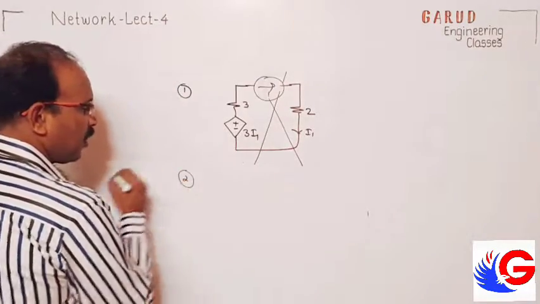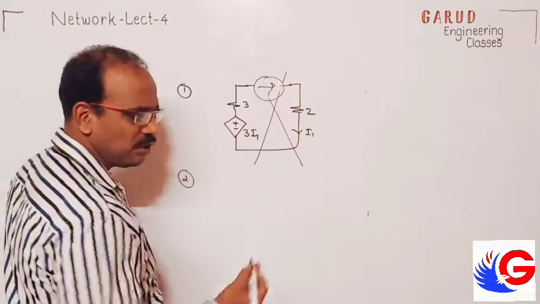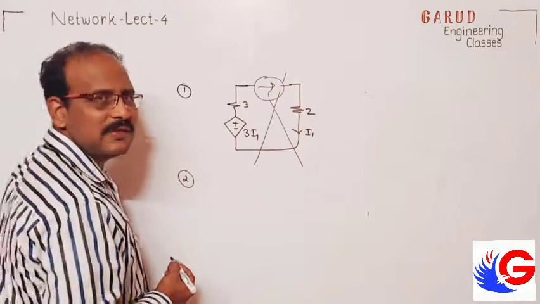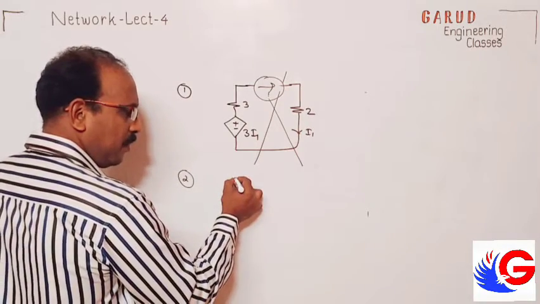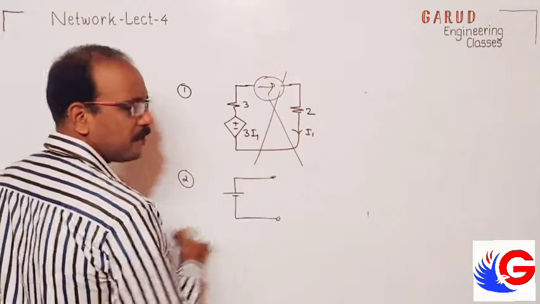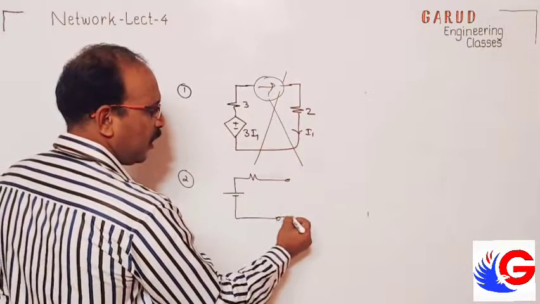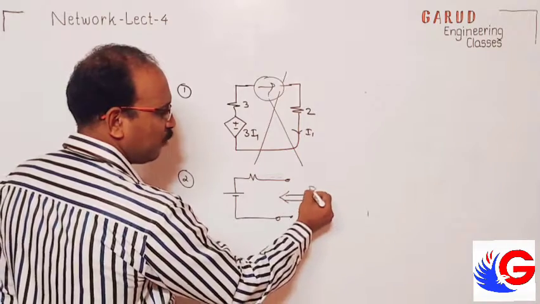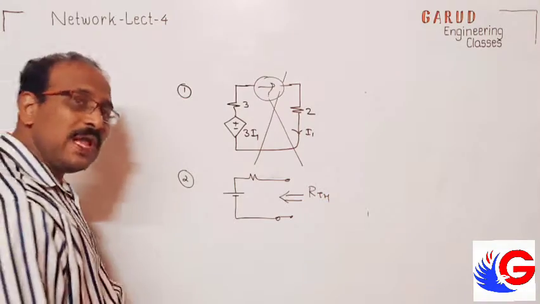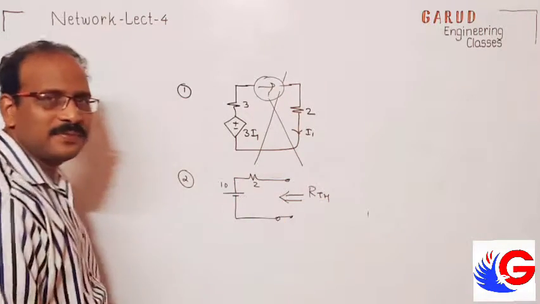Second rule about dependent sources. Now you know in superposition or in Thevenin's theorem and Norton's theorem, while getting RTH, the equivalent resistance, if there is a voltage source like this and you want to find resistance from this direction, what is RTH? Or in superposition, we have to kill the energy source. Suppose this is 10 volt, this is 2. What is RTH?